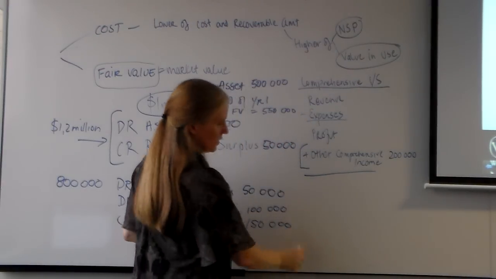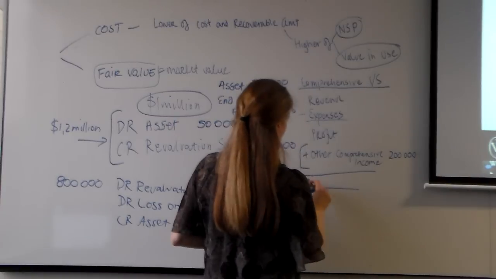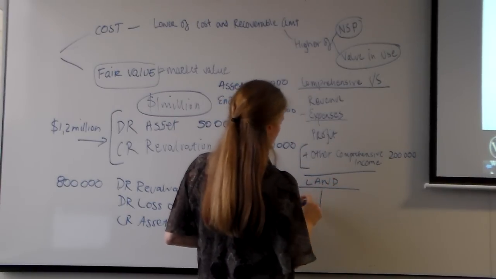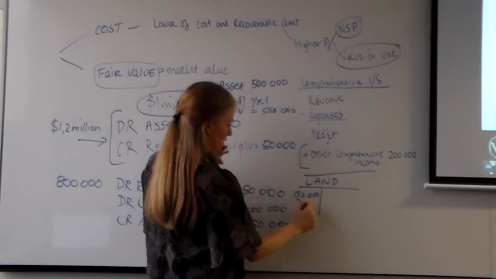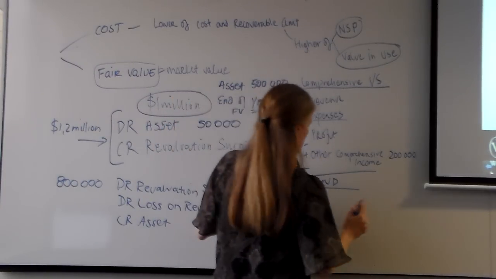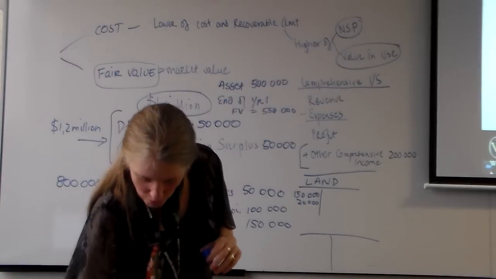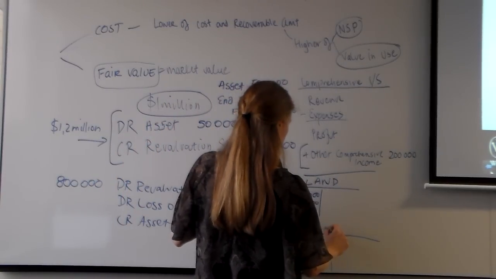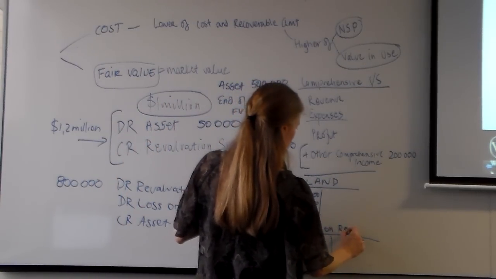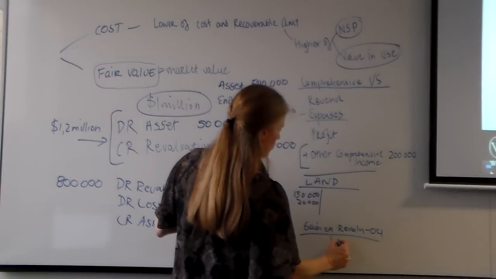So they've done the following T accounts. They've got land, I think it was 150, and they've added 20. Gain on revaluation, OCI, and they've got 20 here.